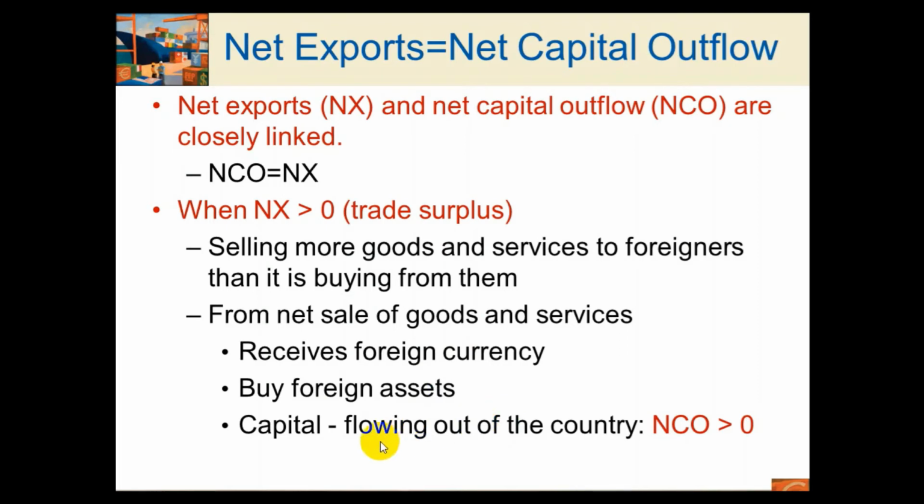So the capital is flowing out of the country, and it means there is a capital outflow, or net capital outflow is positive. A positive net capital outflow also means that the country invests outside more than the world invests in the country.